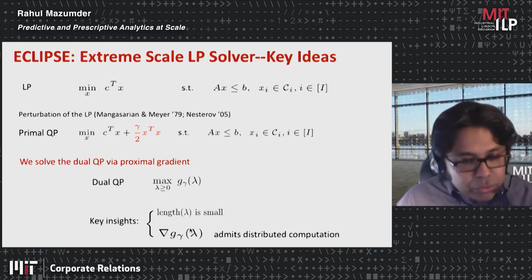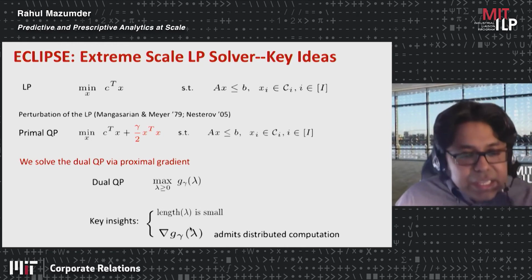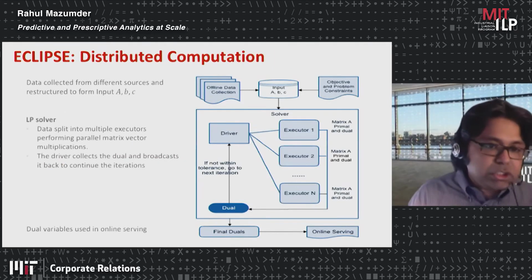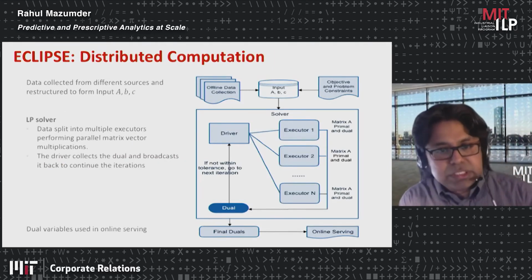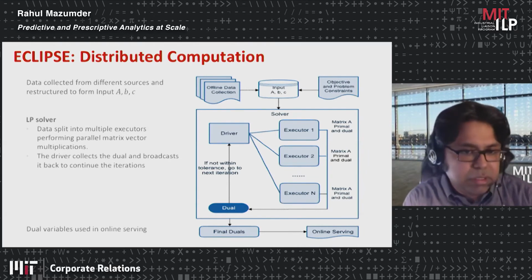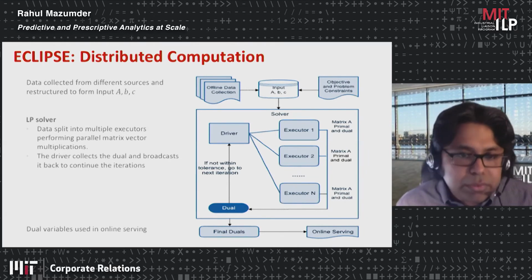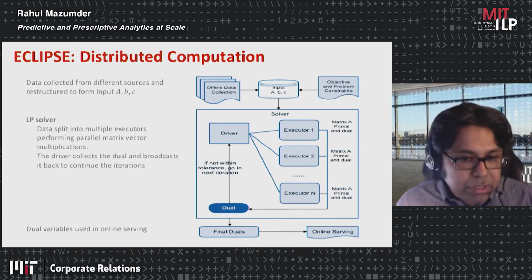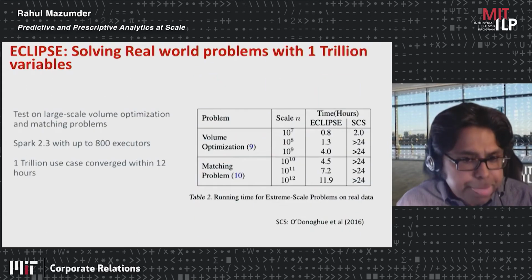And when we are calculating the gradients, the key insight that we use is that the gradient admits a distributed computation. This distributed matrix vector multiplication has been implemented with a serious amount of coding, and I don't have time to talk about the details, but the details are going to be in the paper if you are interested.